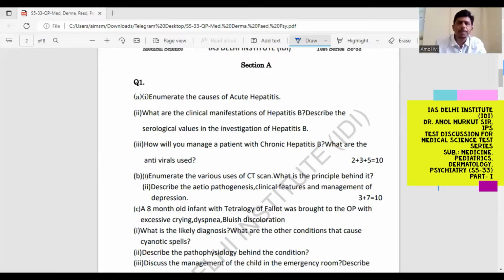As we can see, UPSC has given at least 5 sub-questions in question 1 and question 6, so that it can cover all the subtopics or all the subjects given in that paper, so that you cannot escape from preparing any subject. So you have to prepare all the subjects, and that's why they are giving the sub-questions.